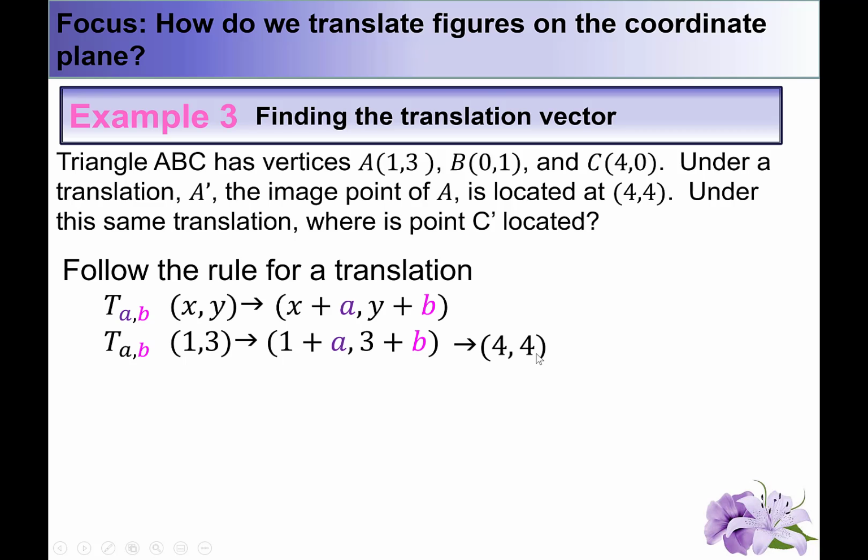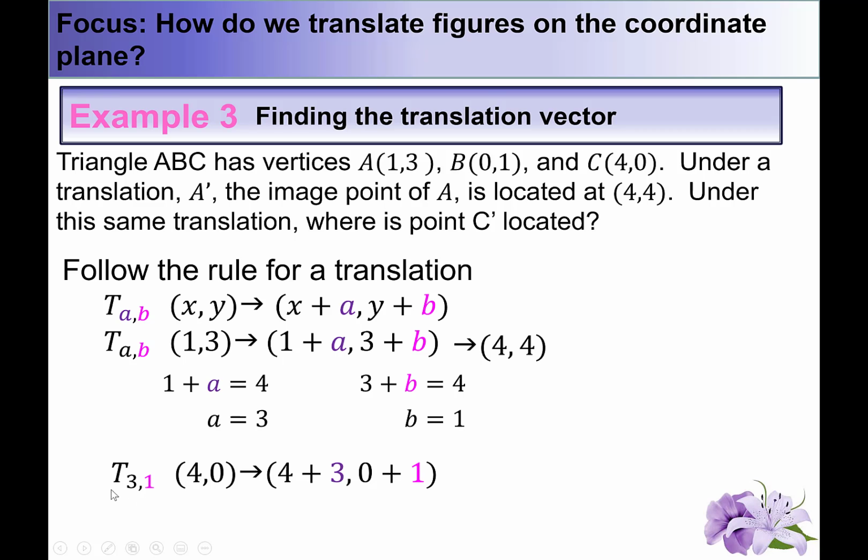Just like we did in the last problem, we can write an equation. 1 plus a equals 4. Subtract 1 from both sides. a must be equal to 3. If 3 plus b equals 4, we subtract 3 from both sides, and b is equal to 1. So now we know the translation vector is 3, 1.